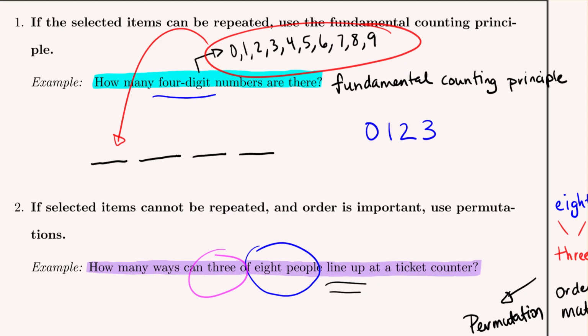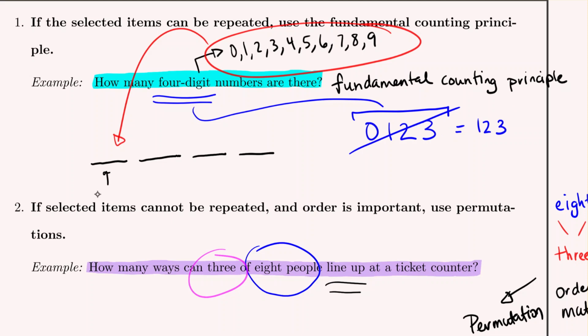Does this meet my criteria of being a 4-digit number? I have 4 numbers written, but it's not really a 4-digit number. This is a 3-digit number in disguise, 123. So if you're asked for a 4-digit number, remember that 0 cannot come first, because then you're really writing a 3-digit number in disguise.